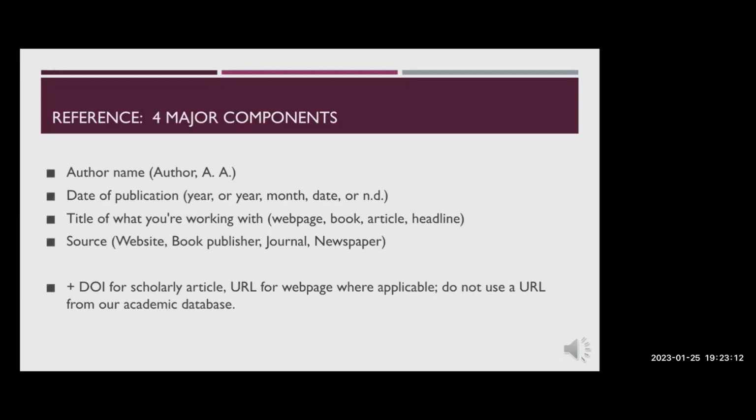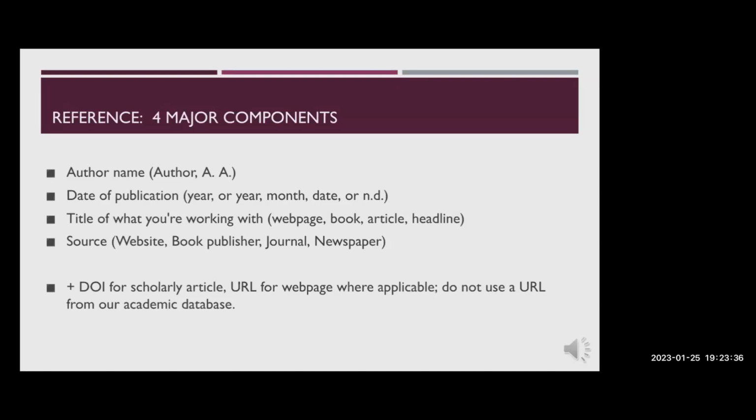In addition, since most of what we're looking at is some kind of electronic, it's on the internet, and that's where we're reading it, you will also add a DOI, which is a digital object identifier, and almost all scholarly journal articles have them now. You will use that DOI. You can use a URL for a web page.